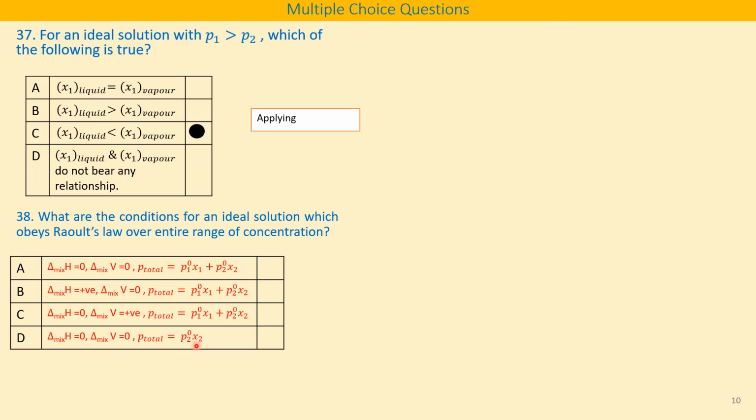So please analyze it. For an ideal solution, delta H and delta V for mixing should be 0. Therefore, P total equals PA plus PB, and A-A, B-B and A-B interactions are nearly the same.